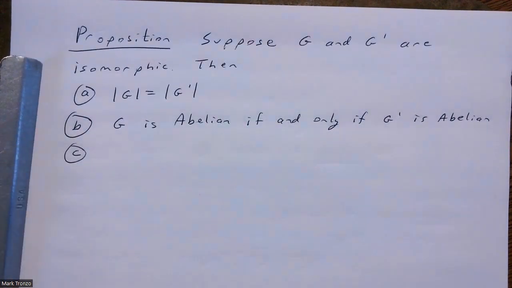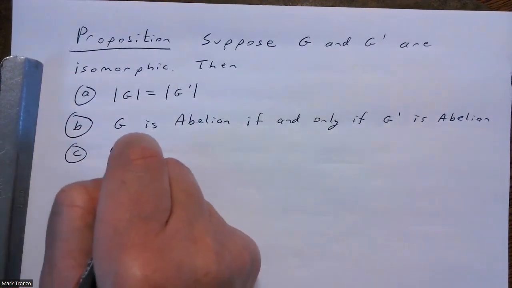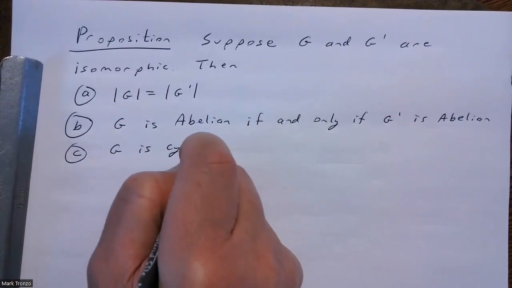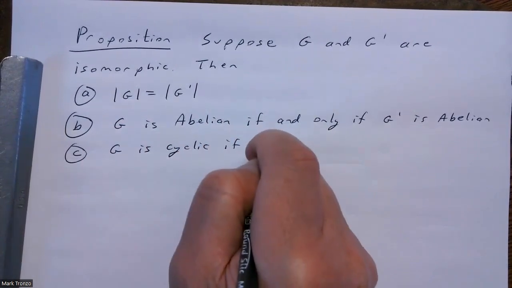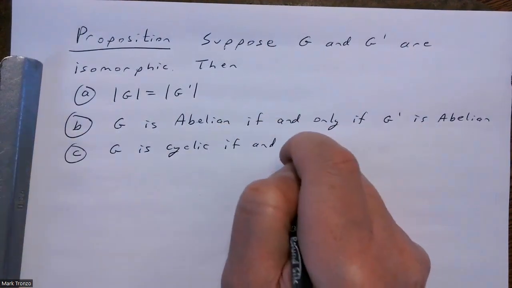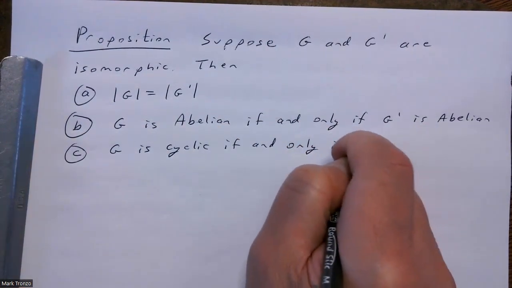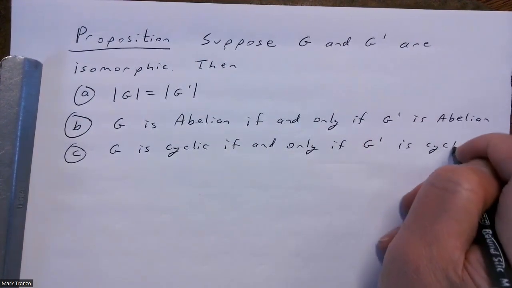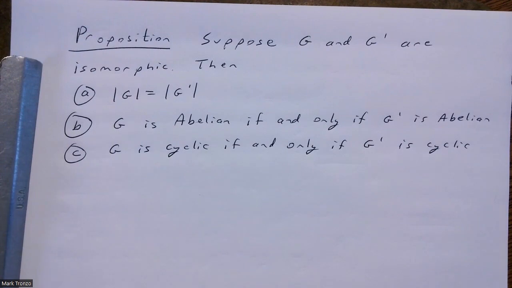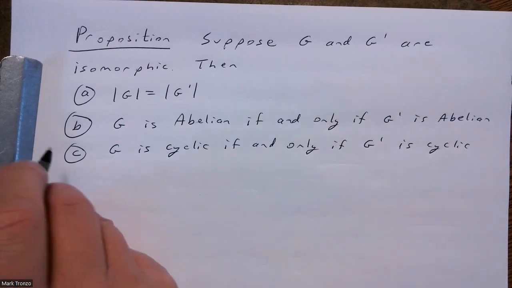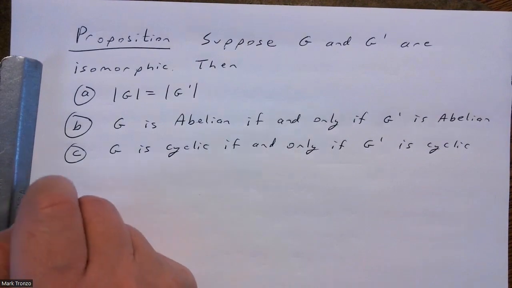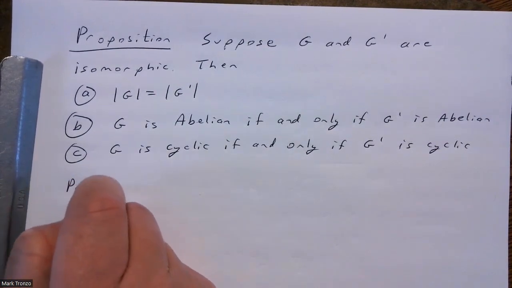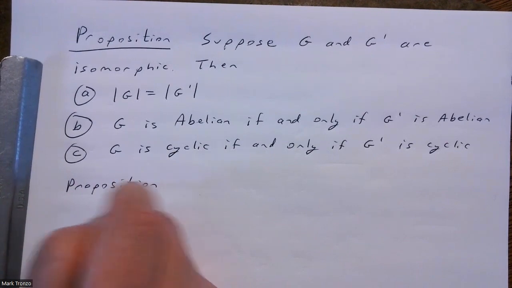And C, G is cyclic if and only if G prime is cyclic. And another proposition.